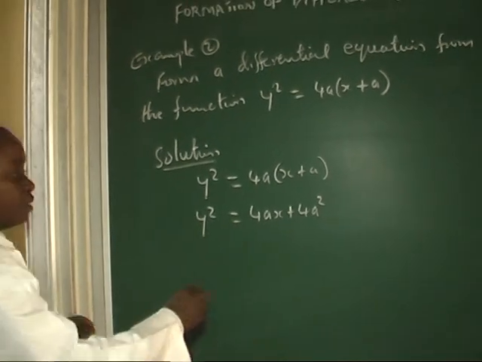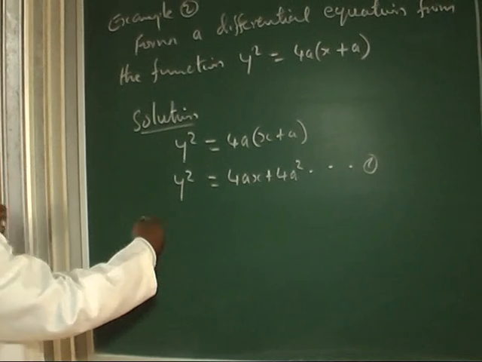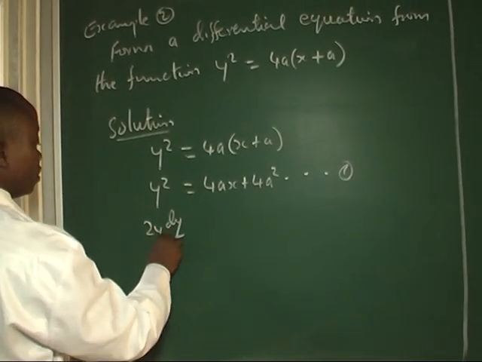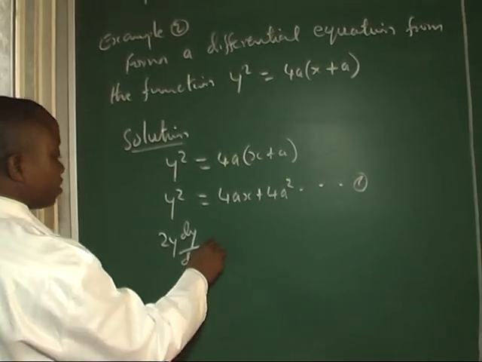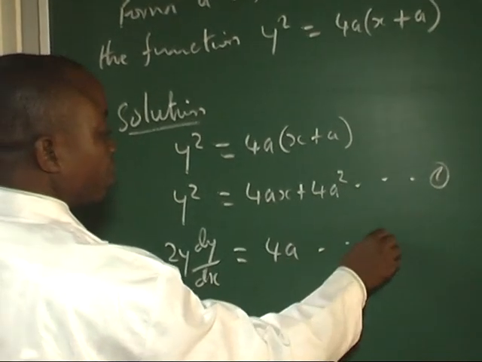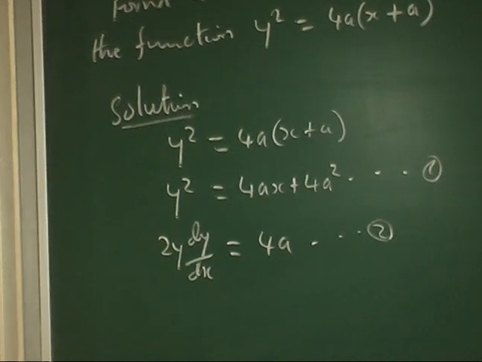Now, let's call this equation 1. And if we differentiate here, we have 2y dy dx, and if we differentiate here, we have 4a. Of course, by implicit differentiation, we know that this is what we have.